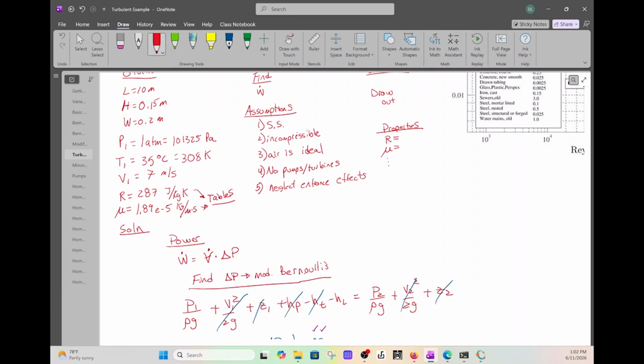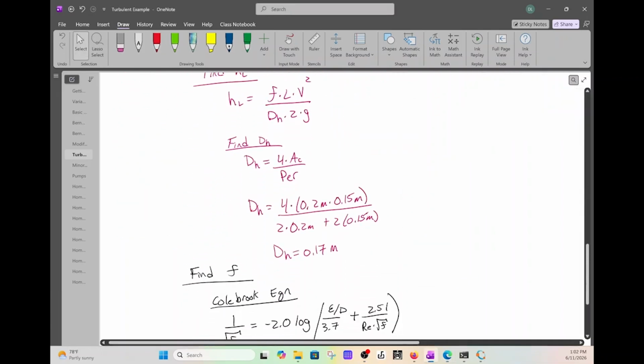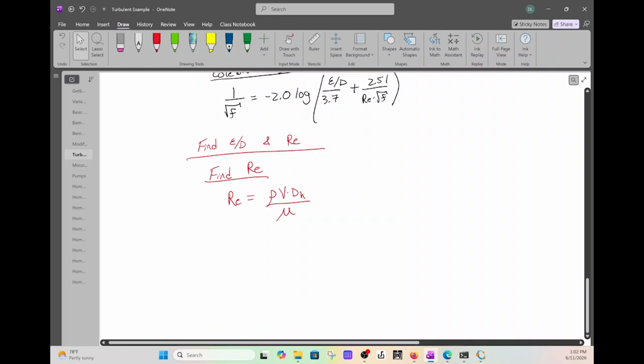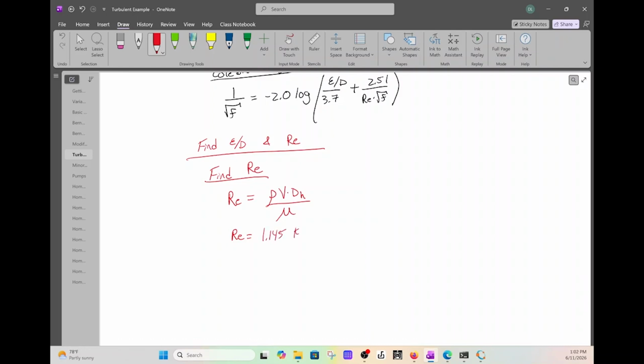All right. Let me just make sure we're still recording. Yep. Okay. So let's go back down. Let's calculate the Reynolds number. So Re equals 1.145 kilograms per meter cubed times 7 meters per second times 0.17 meters divided by 1.89 e to the minus 5 kilograms per meter times second.